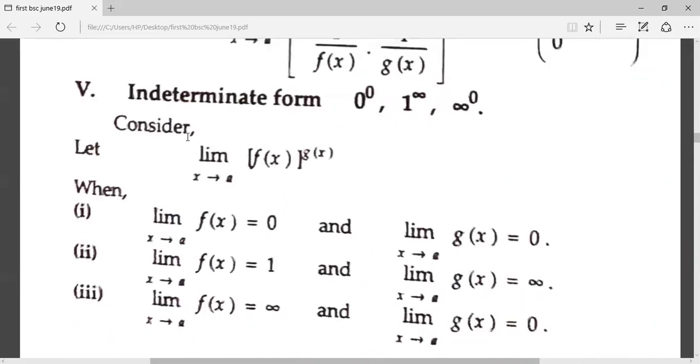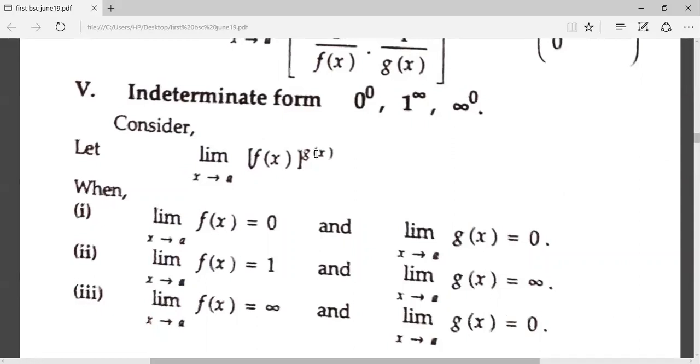Okay, let us check. Consider the limit of f of x power g of x as x tends to a. First, if the limit of f of x as x tends to a is 0 and the limit of g of x as x tends to a is 0, then it becomes 0 power 0, again indeterminate. If the limit of f of x as x tends to a is 1 and the limit of g of x is infinity, then this is 1 power infinity, that's also an indeterminate form.